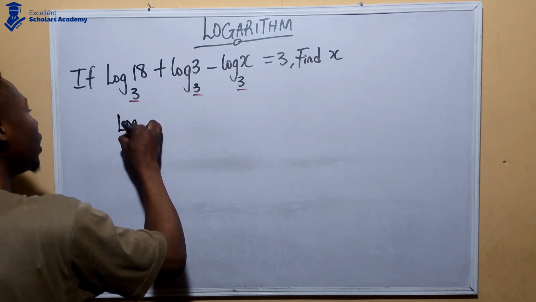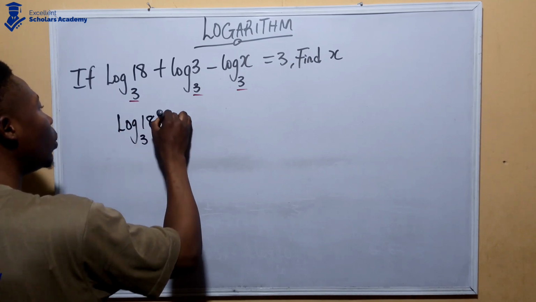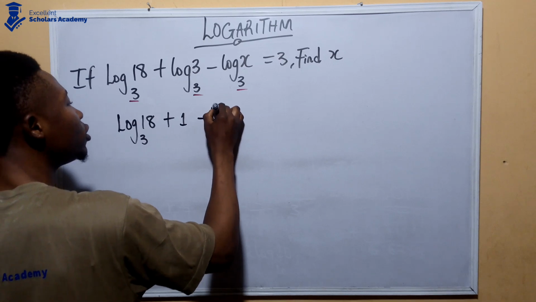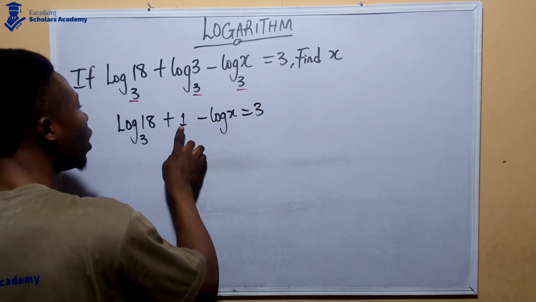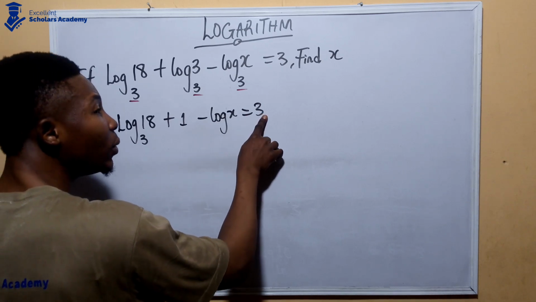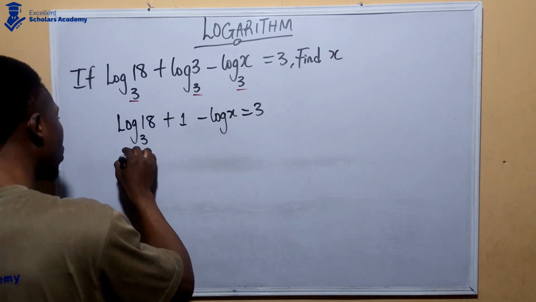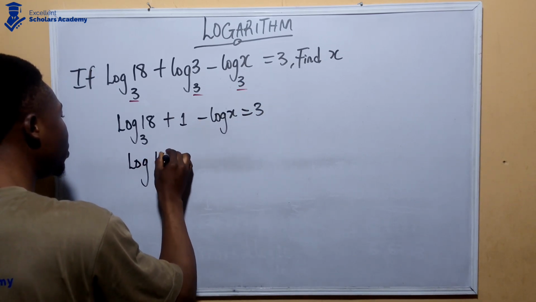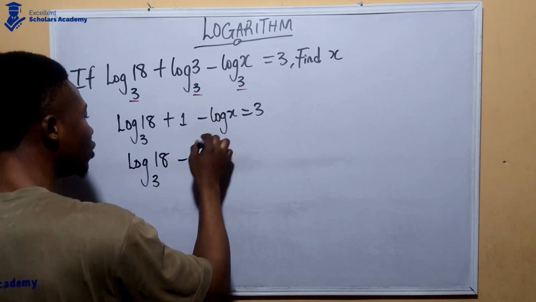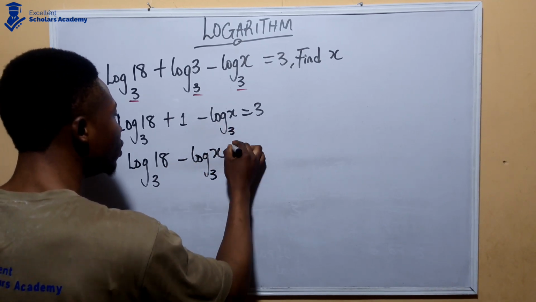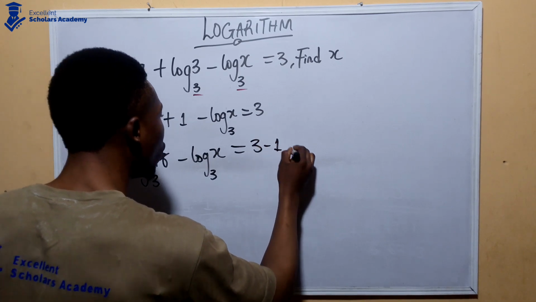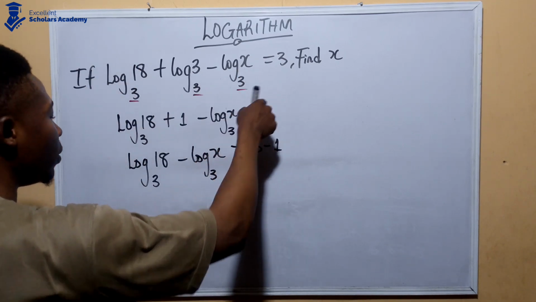So this becomes log 18 base 3 plus 1 minus log x is equal to 3. Alright, so I can take this here. 1 is a like term with 3. So take 1 here. This becomes log 18 base 3 minus log x base 3 is equal to 3 minus 1. Right, taking plus 1 here becomes minus.